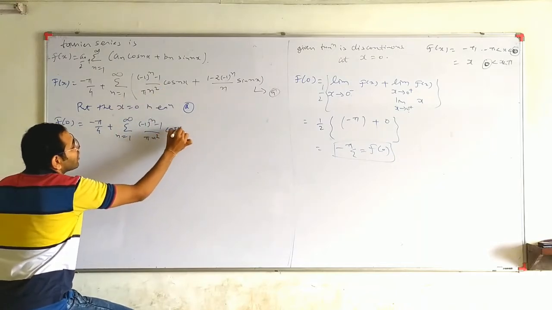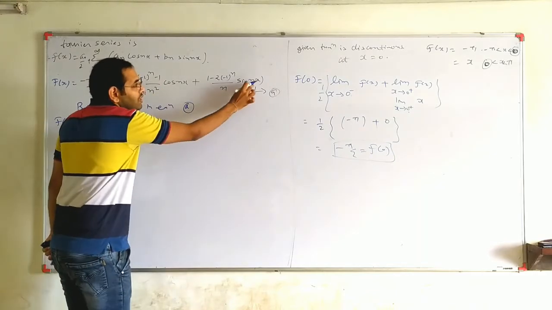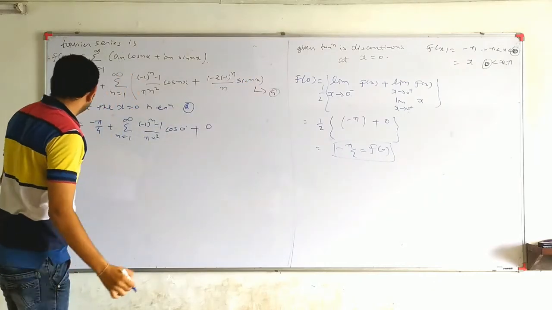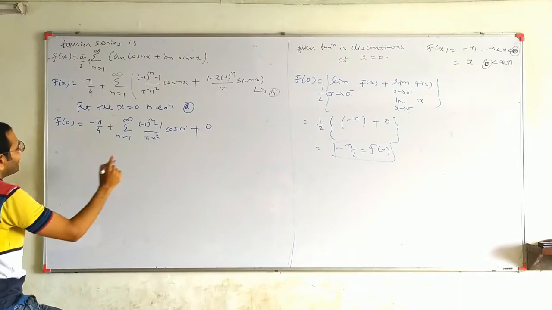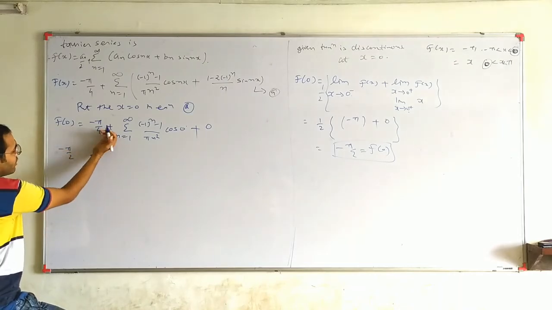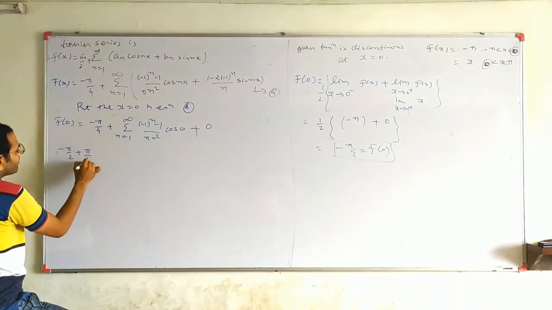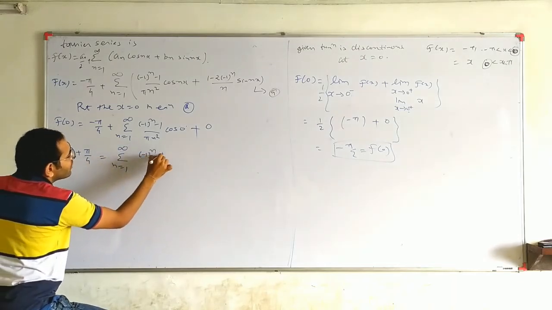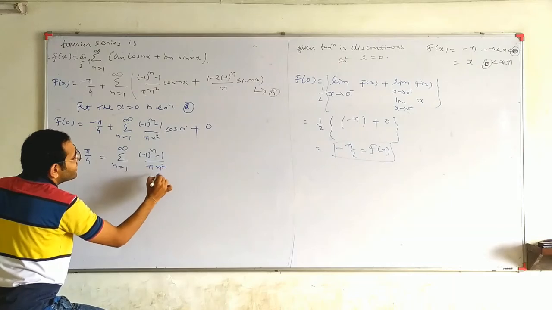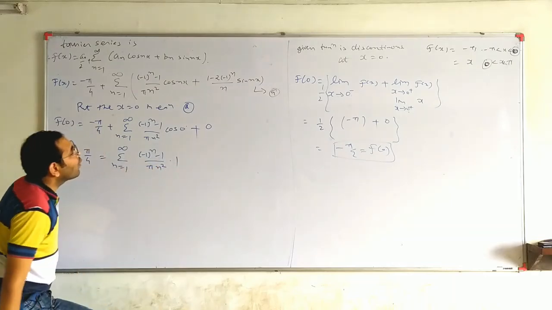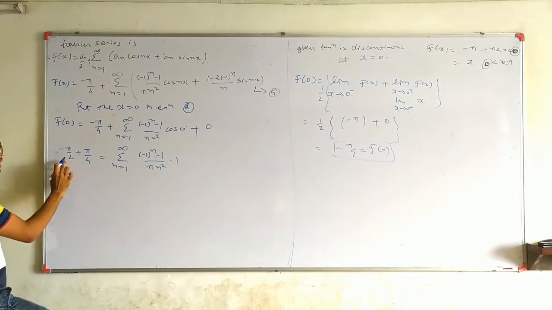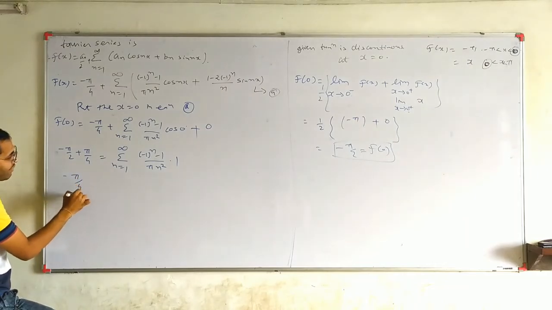Here cos 0 is 1 and sin 0 is 0, 0 into anything is 0. Then the value of f of 0 is minus pi by 2. Then minus pi by 2, this term comes to this side, then we get minus pi by 4 equal to summation n equal to 1 to infinity of minus 1 raised to n minus 1 upon pi n square, cos 0 is 1.